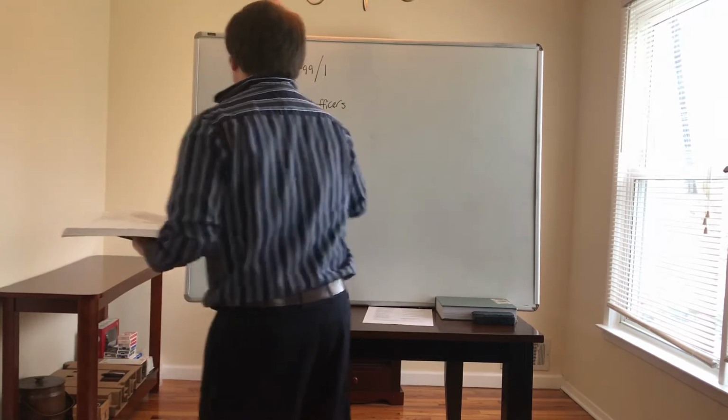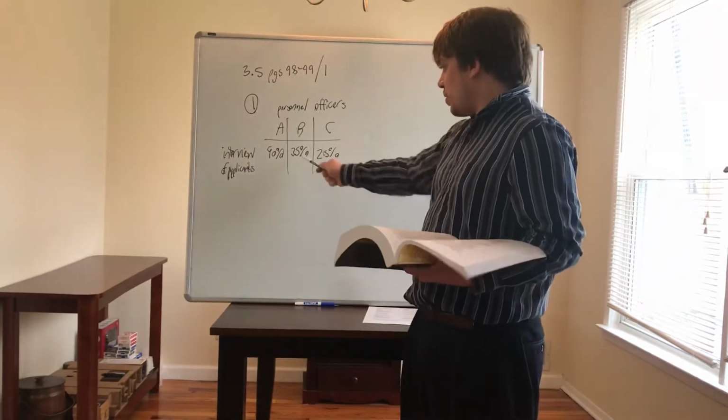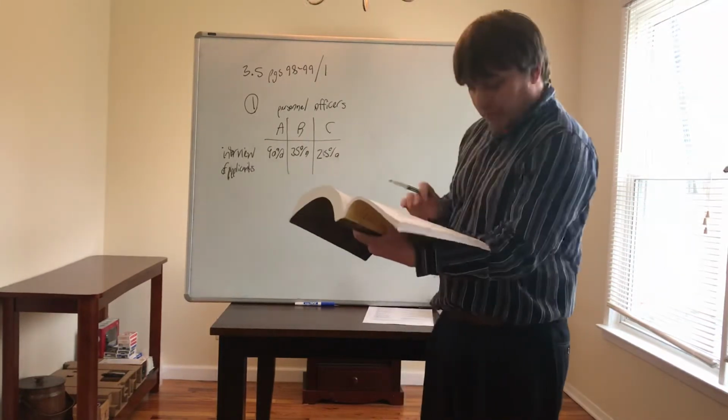Okay, so I'm just abbreviating all this. The personnel officers A, B, and C interview 40%, 35%, 25% of applicants respectively. Okay?